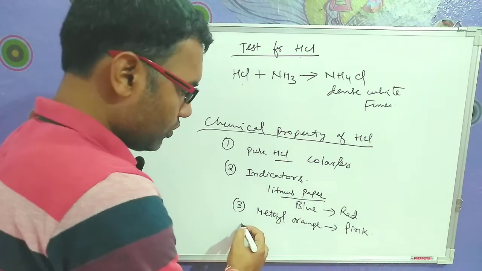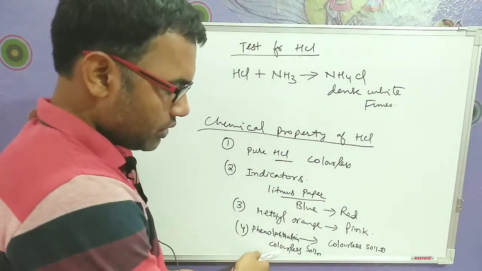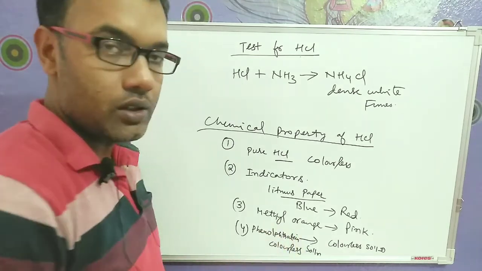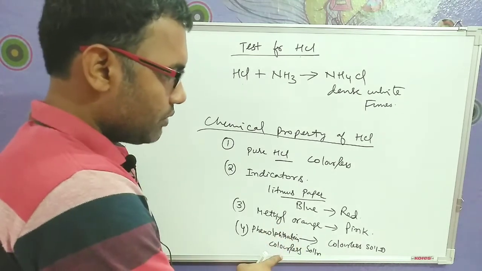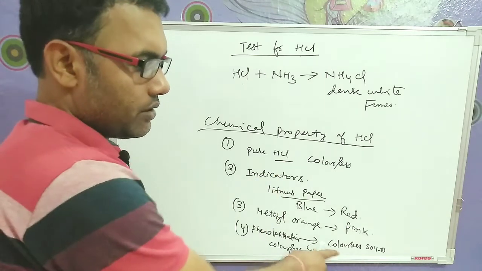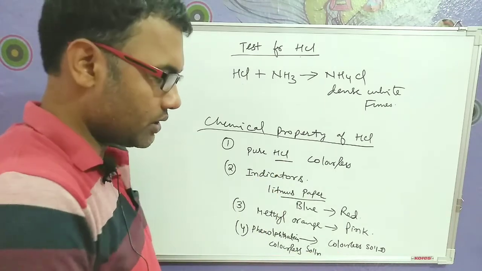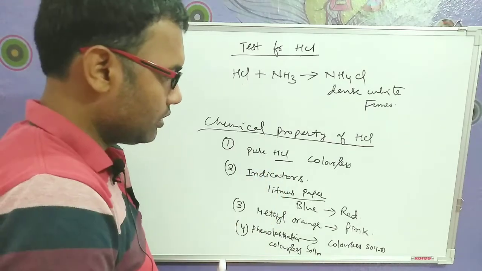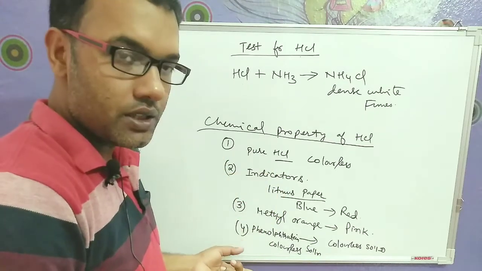Fourth, phenolphthalein. Phenolphthalein is a colorless solution. When it comes in contact with HCl, it will form a colorless solution. That means there will be no effect if we use HCl there. Hope, students, this chemical property is clear to you.